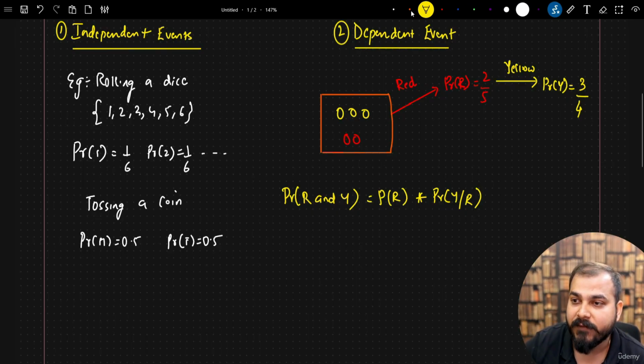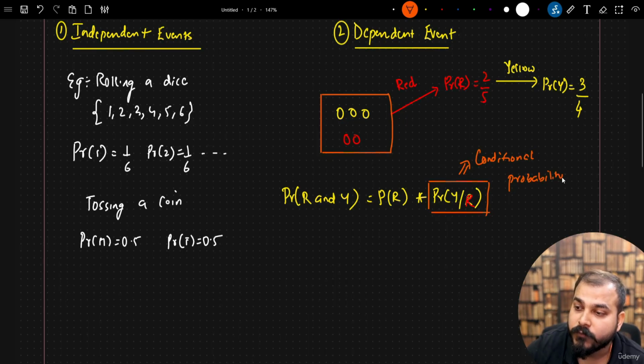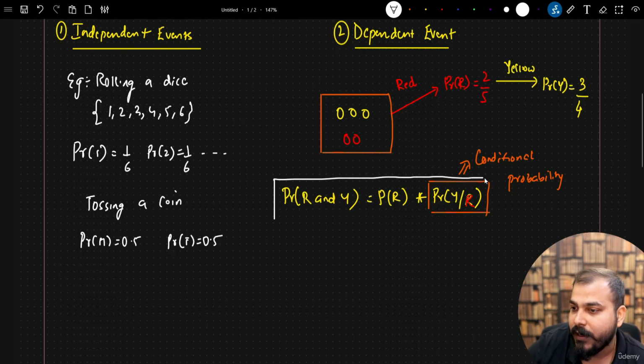Okay, given this red event has already occurred. This formula that we see is basically called conditional probability. Super important.